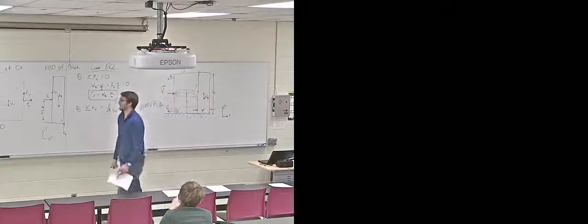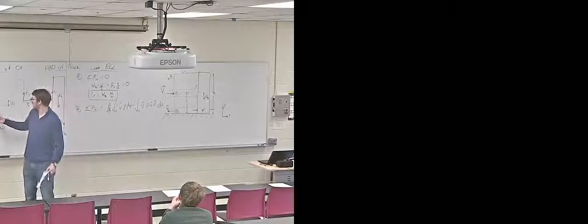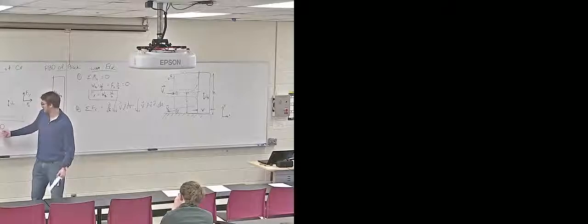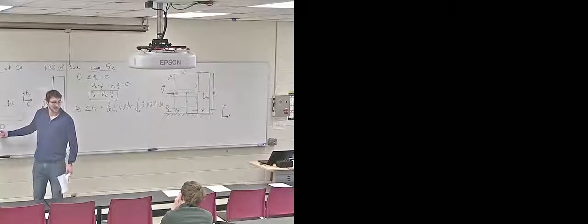All right, cancellations. We've got steady flow, right? That goes out the window. And in terms of control surface integrals, we really only have one area of interest, right? We have two areas where flow is either entering or leaving, but we've made the assumption here that the velocity at 2 is approximately 0. We've also made the assumption that the flow is uniform and we have constant density.